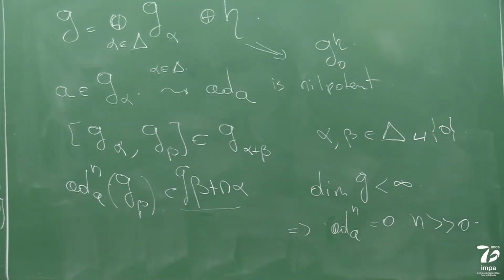Okay. So we have an automorphism for each element of G alpha. We have an automorphism of the Lie algebra G.